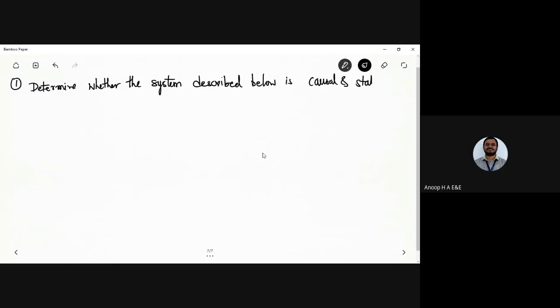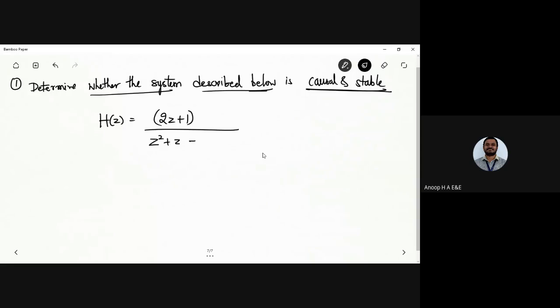H(z) is equal to (2z + 1) divided by (z squared + z - 5/16). So H(z) is a given transfer function.